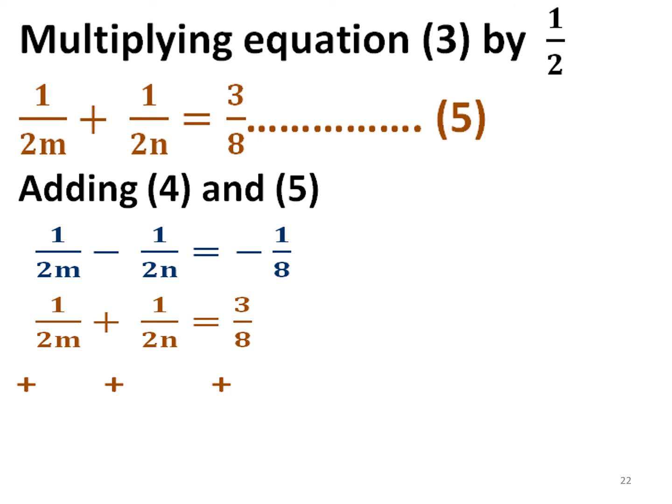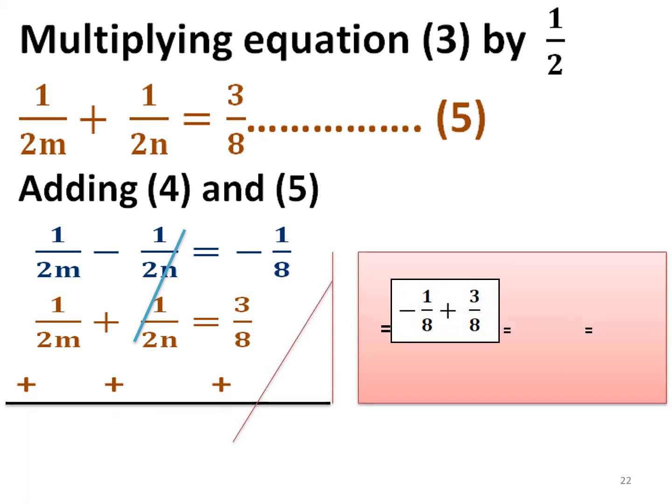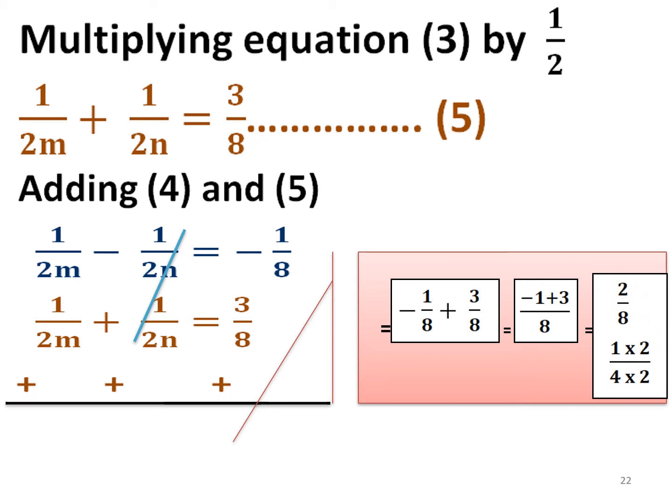Minus 1 upon 2n plus 1 upon 2n will get cancelled. 1 upon 2m plus 1 upon 2m is nothing but 1m, and minus 1 upon 8 plus 3 upon 8 is nothing but minus 1 plus 3 upon 8, which is equal to 2 upon 8. 2 upon 8 can be simplified as 1 into 2 upon 4 into 2. 2 and 2 get cancelled, and so I'm left with only 1 upon 4.